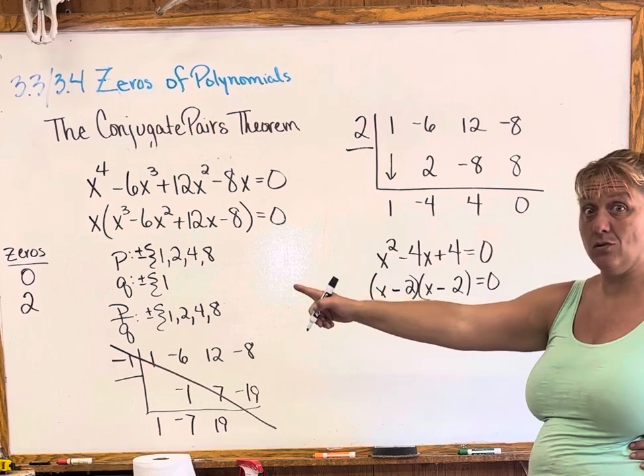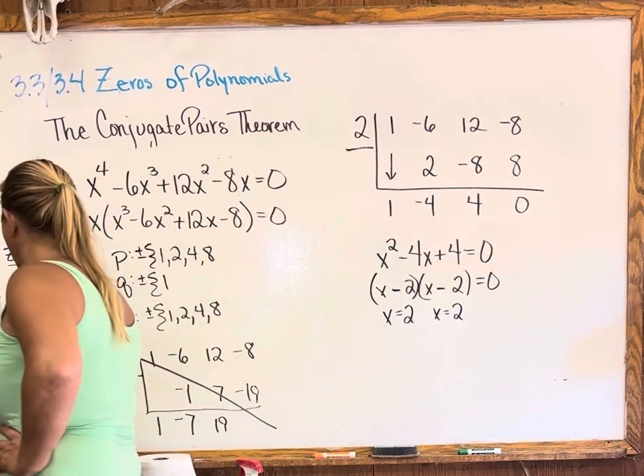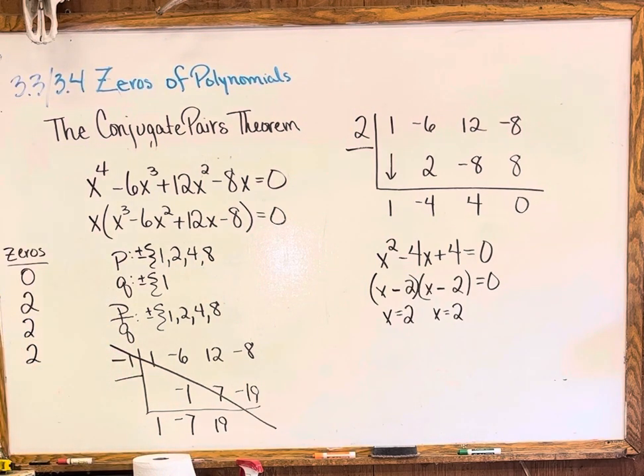We already have a 2, and now we have another 2 and another 2. So I write them down as many times as they showed up. 0, 2, 2, and 2. And that way, everybody knows I found them all. There were 4, I found them all. If you had just left it like this, there might be some people that go, wait a minute, there's supposed to be 4 and you didn't find all of them.